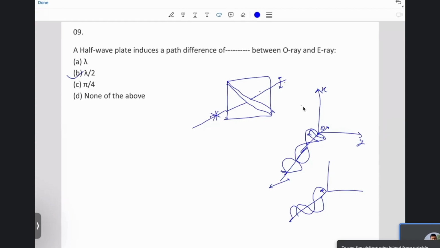Suppose this is your y-axis, this is your x-axis, and the z-axis is coming out of this page. First suppose the x component is 0, so the electric field vector is like this. Then it will go like this, this, this, this. It will perform a full circle as the wave propagates, correct?